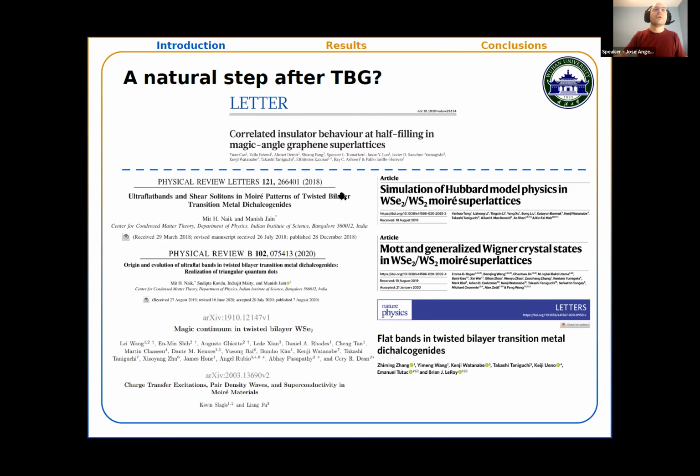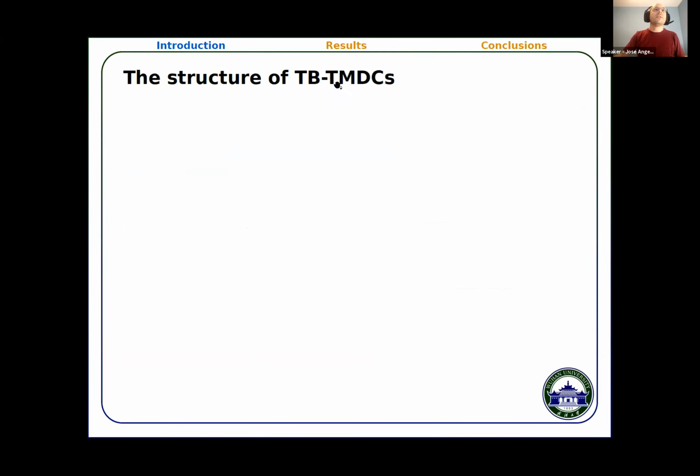We thought it was a natural step to study these transition metal dichalcogenides after studying twisted bilayer graphene, because there are many similarities between them. So let me first explain the structure of twisted bilayer transition metal dichalcogenides.